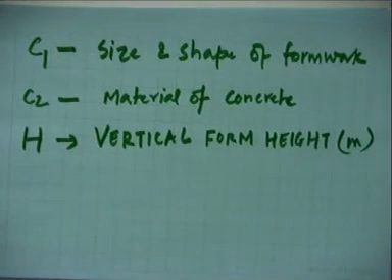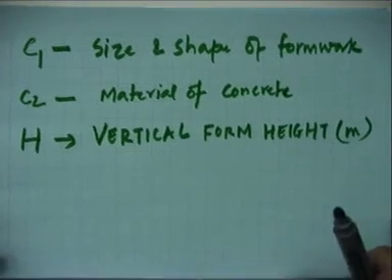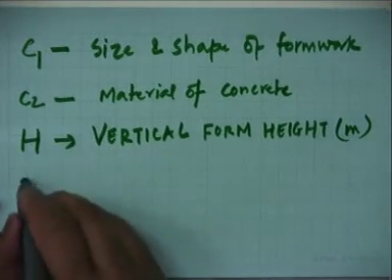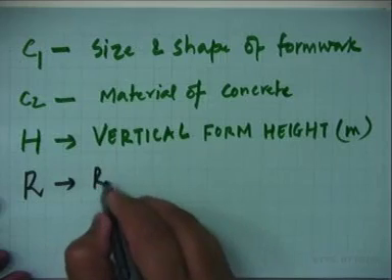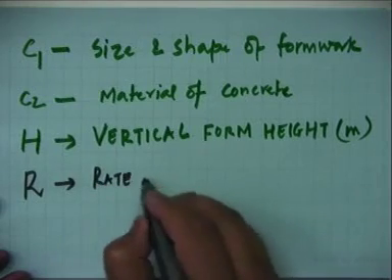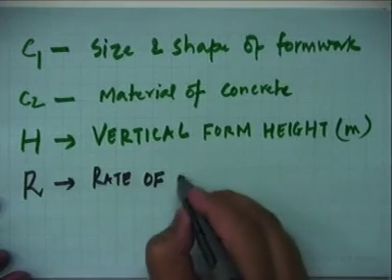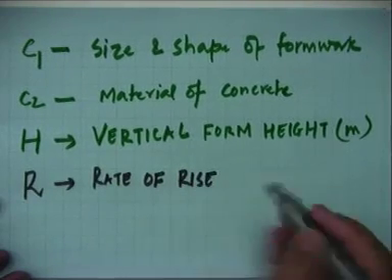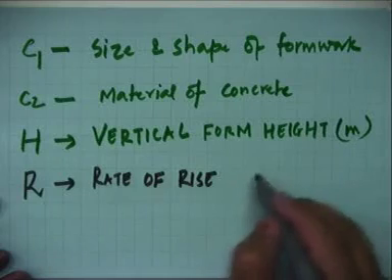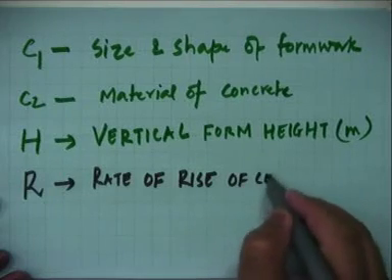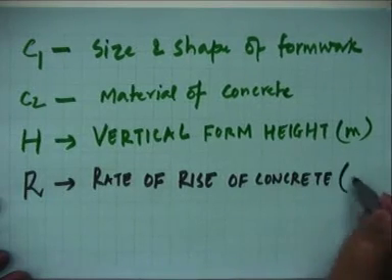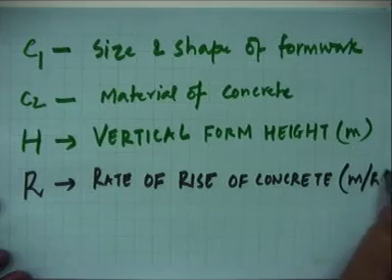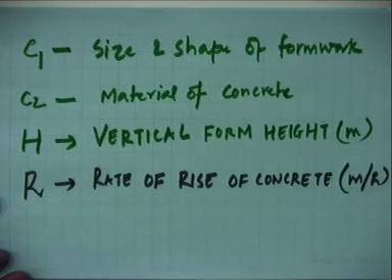Then you have this capital R, which is representing the rate of pour, or you can say rate of rise of concrete, let us say, and this is in meter per hour.